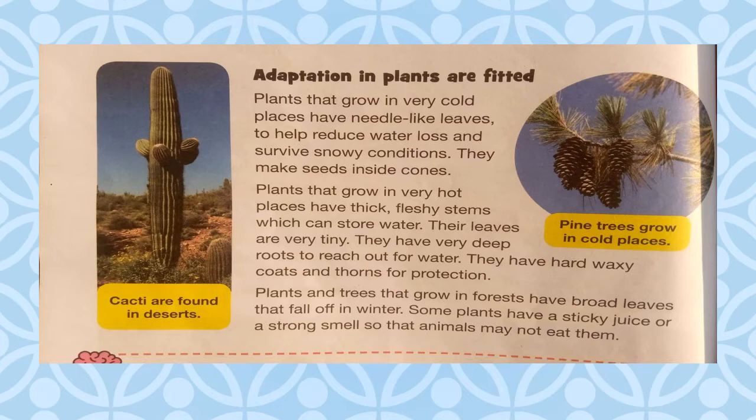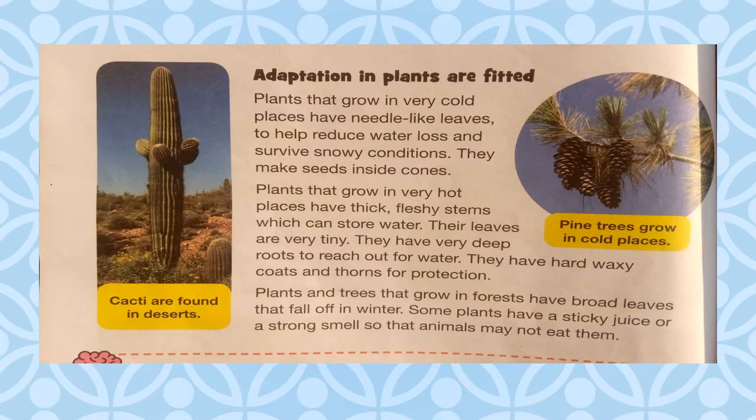So we can say that plants also grow according to their physical features, which are suitable for the specific environment. Keep this in mind whenever you are reading about adaptation: adaptation is the compatibility between something and its surroundings.